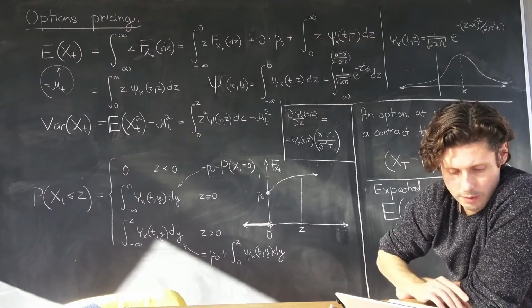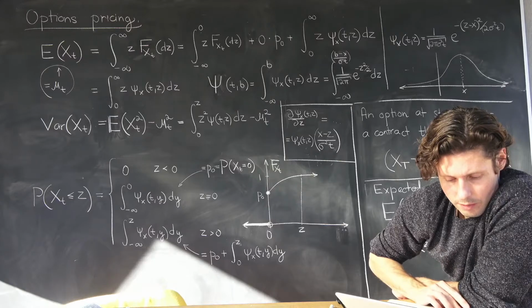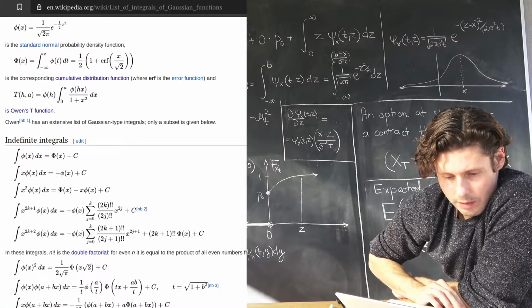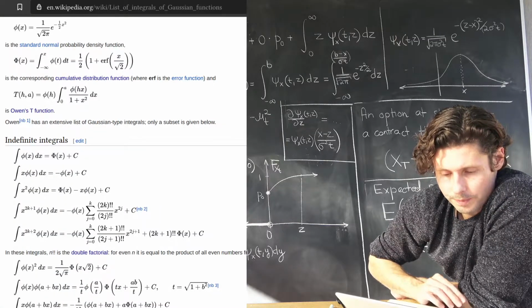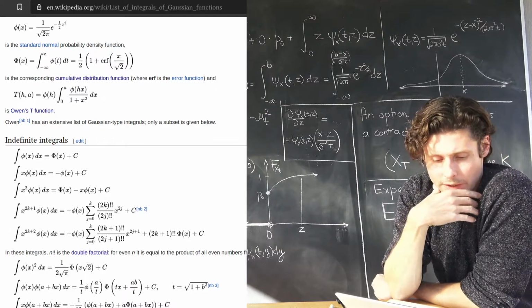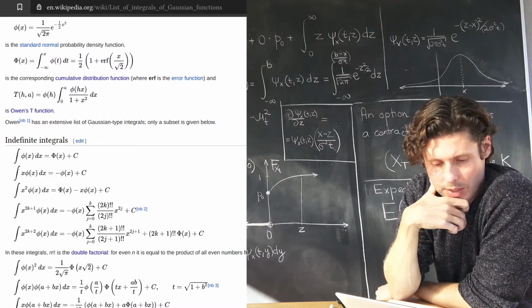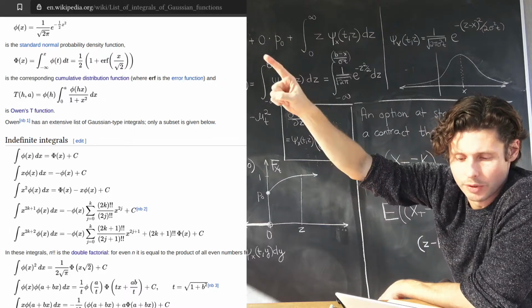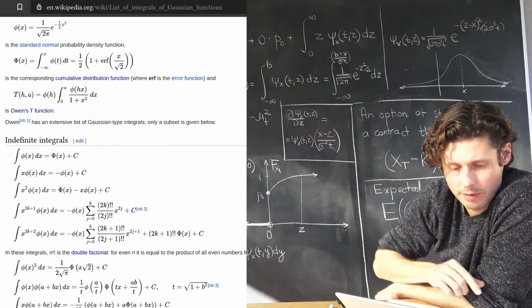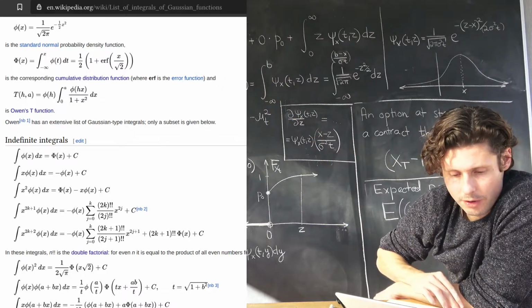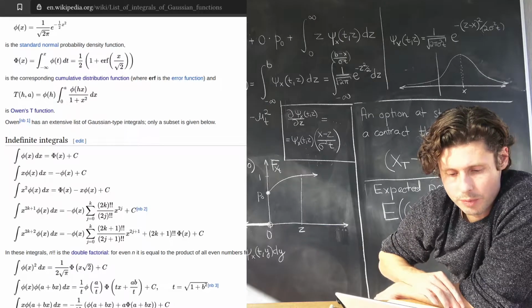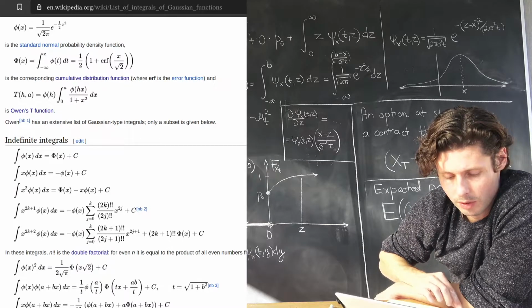There are a lot of references online about how to evaluate all these integrals. Even books just catalog all these integrals against the standard normal density. So here, phi and big phi are the probability density and the cumulative distribution function of the standard normal.